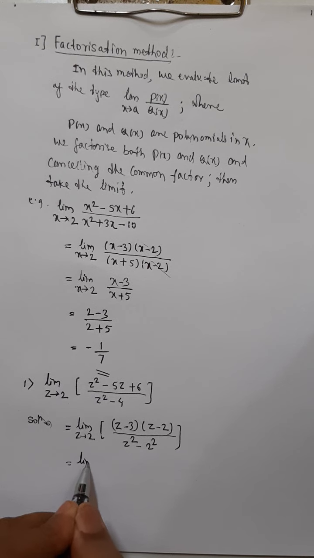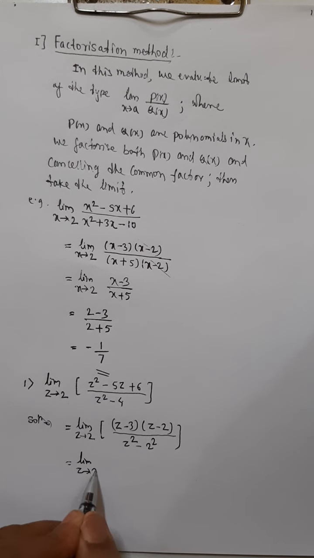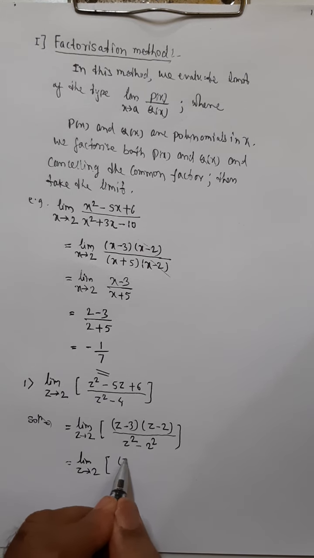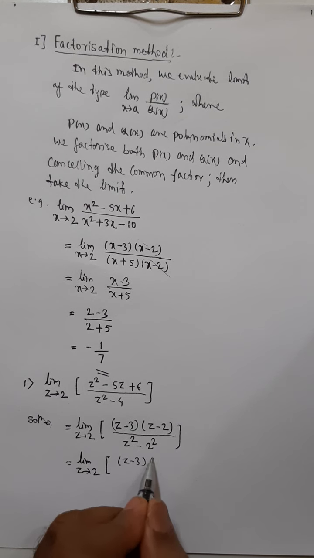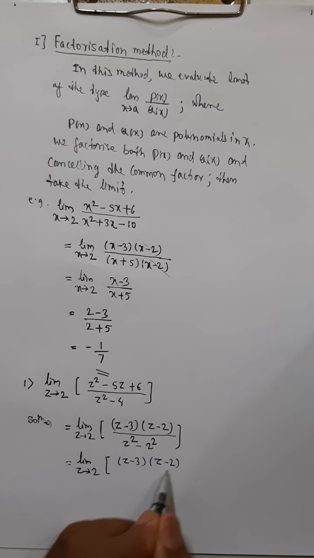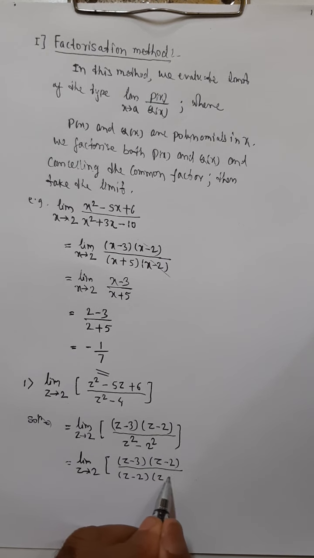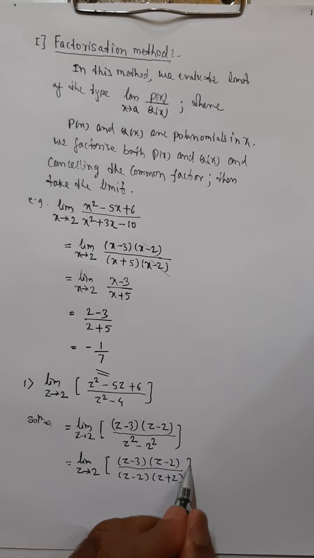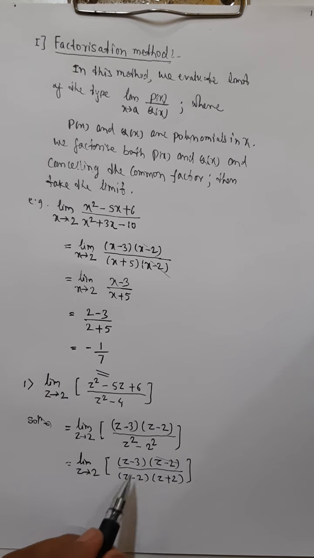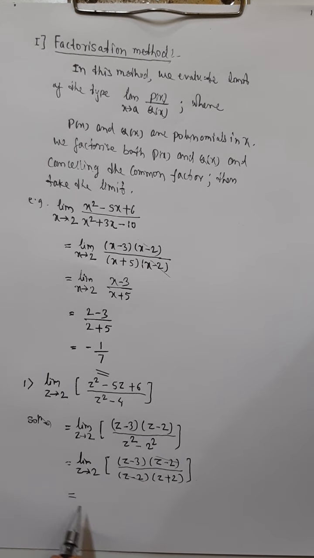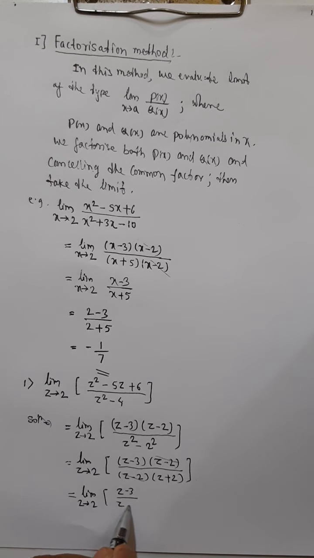So it is equal to limit as z tends to 2, z minus 3 into z minus 2 divided by, by formula a square minus b square, z minus 2 into z plus 2. So we get here common factor z minus 2, that is cancelled, and we get limit as z tends to 2, z minus 3 divided by z plus 2.